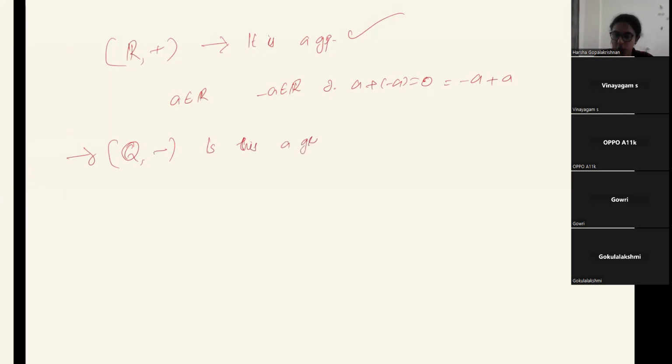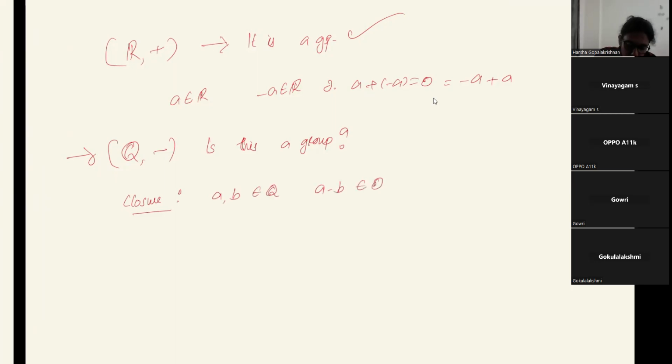It is not a group. Let us see the reason. First of all, is the closure property satisfied or not? It satisfies, because if a and b are rational numbers, then a minus b is obviously a rational number. So closure property is satisfied.